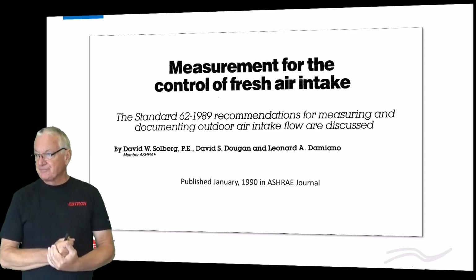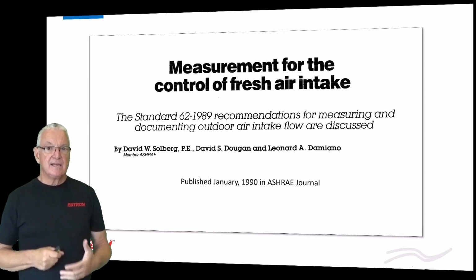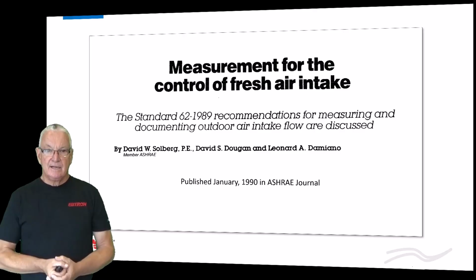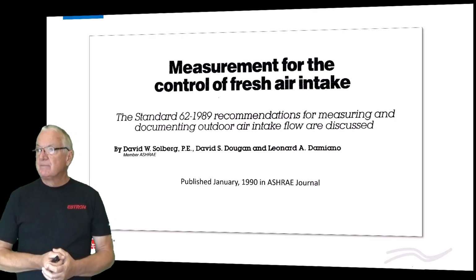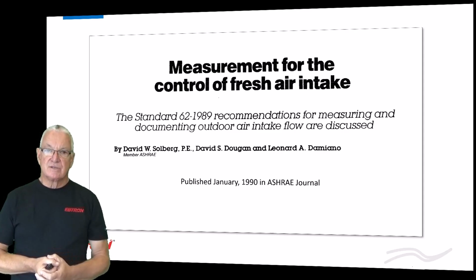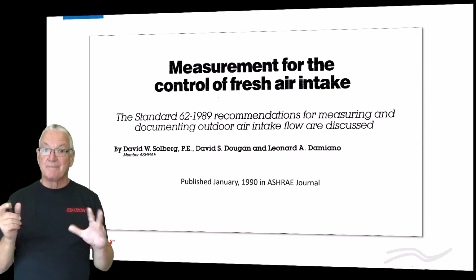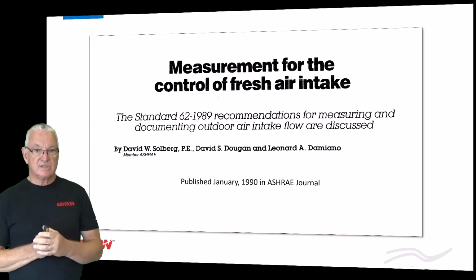He put together this paper that really helped people understand some of the problems they had, or we're going to see. Historically, before 62-89, ASHRAE's ventilation rates for acceptable indoor air quality were very low, like 5 CFM per person, unless it was a smoking space.